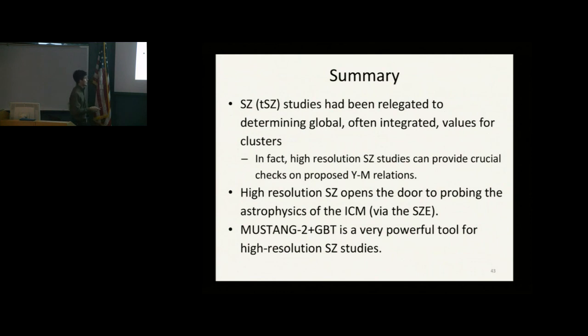Does that exist for X-ray cavities? For any of these SZ studies, Mustang 2 and GBT is a very powerful tool for investigating it. And I think we've got a few more years to really showcase that.